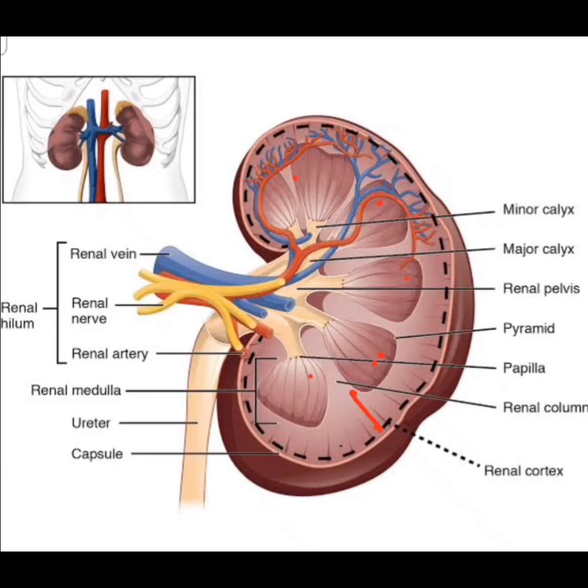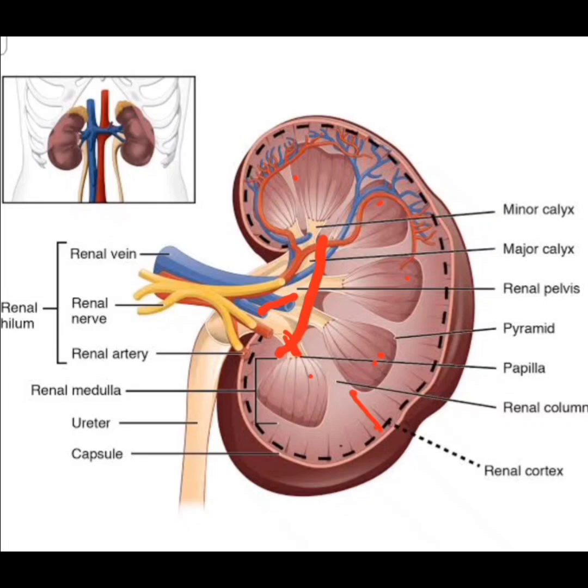Each of these pyramids has cups. See the cups there. We call them calyces. From this base, we have the minor calyx. Then you move down, that's the major calyx. It drains from the minor calyx into the major calyx before it gets to the renal pelvis. From here down is the renal pelvis.